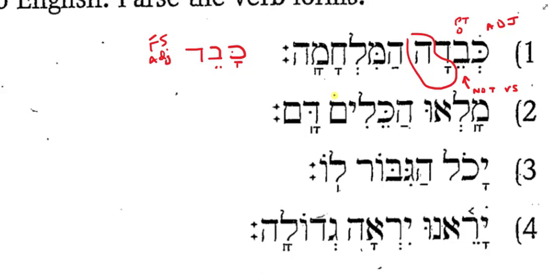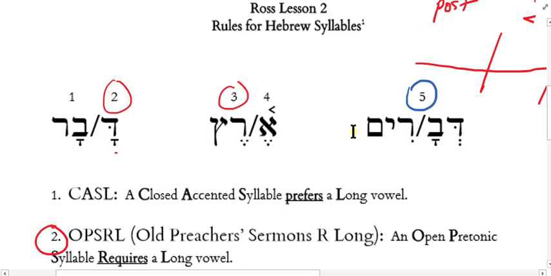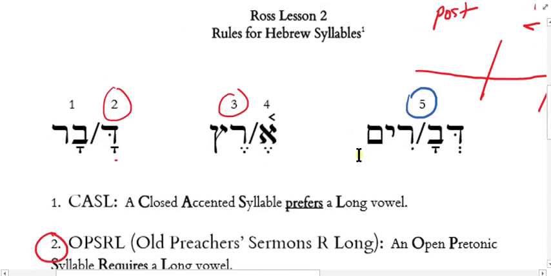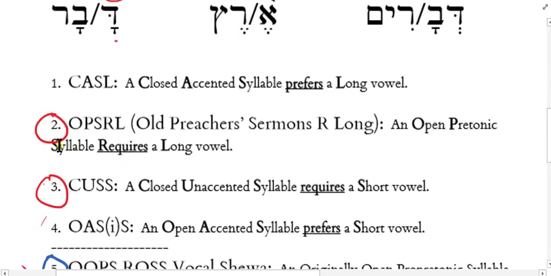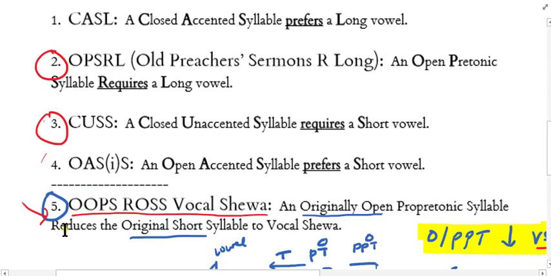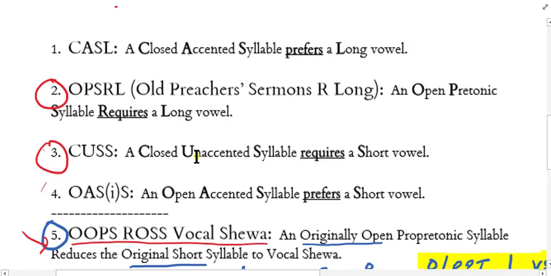Okay? And I gave you some additional rules, and they're on this handout. Let me pull it up for you real quick. So do you remember this handout here where we memorized 2 and 3 and then vocal schwa?